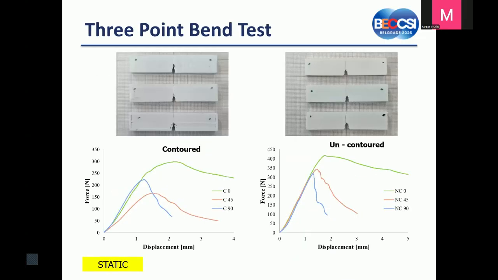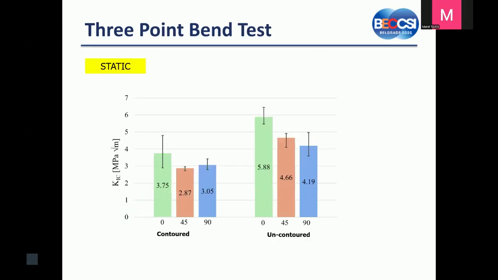Some results and fractured specimens, load-displacement curves from contour and uncontoured specimens for the 3 raster orientations. These are from the static test, and some results. So the fracture toughness for the contour specimens is between 2.8 and 3.75 megapascal square meter.